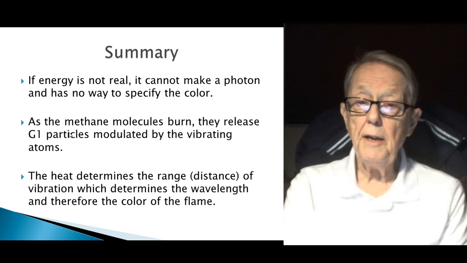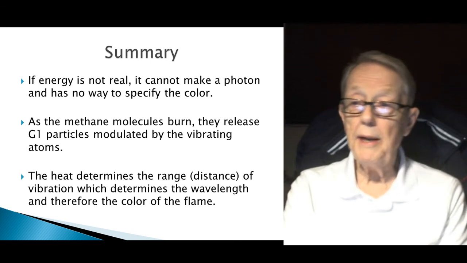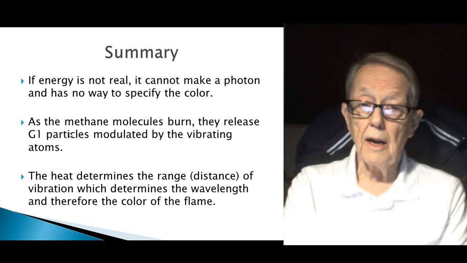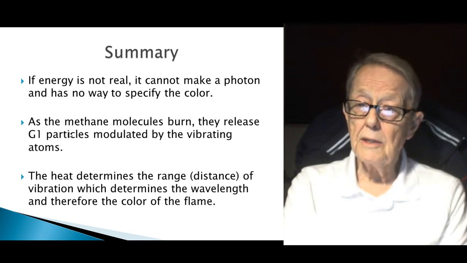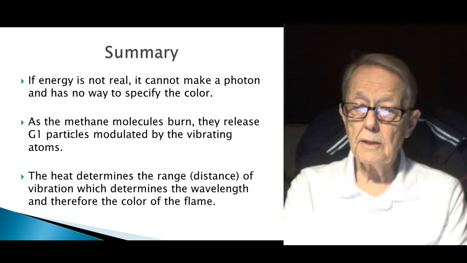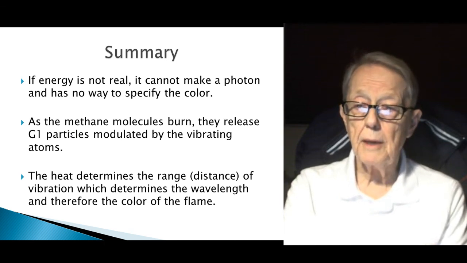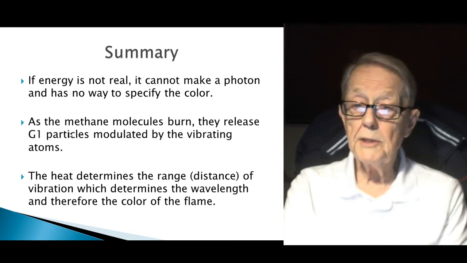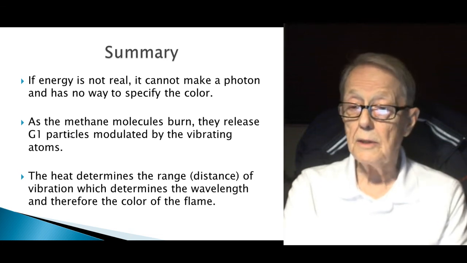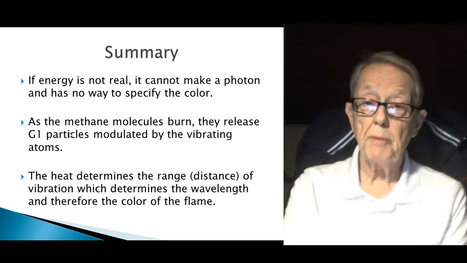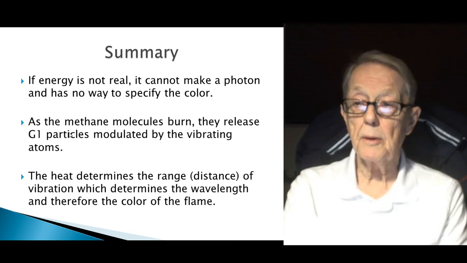And then you look at heat, and you realize that heat is vibrating atoms, and you put all this together, and all of a sudden you're starting to understand something about light and how the candle flame is producing light. It's amazing. It's a simple process. It's easy to understand, and it actually makes sense. It's logical. It's quite amazing. And all of that I present before ever saying anything about the particle model.